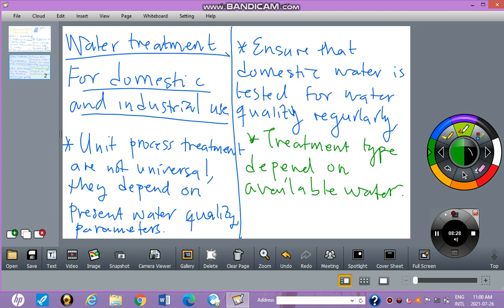We don't treat water in the US the same way we treat water in Namibia, because the chemical composition of the ground and of the water in a specific area or source cannot be the same. So we cannot have universal treatment.